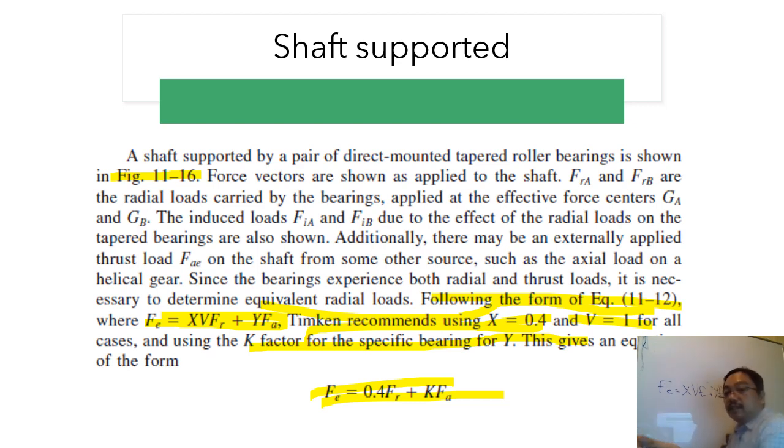So using the Timken suggestion, V equals 1, and the K factor for the specific bearing replaces Y. So Fe equals 0.4 times the radial load Fr plus K times Fa, the axial load, which is the thrust load. The 0.4 is from the Timken suggestion, replacing X V.